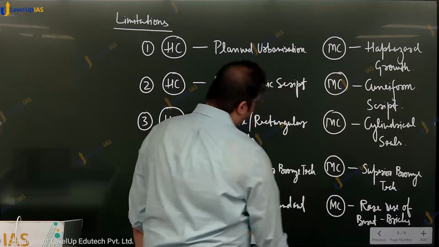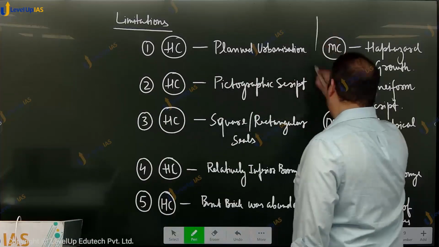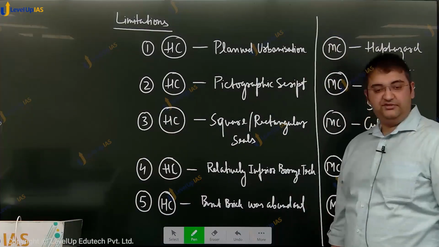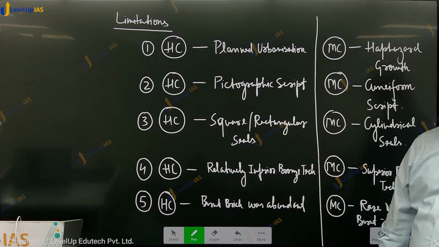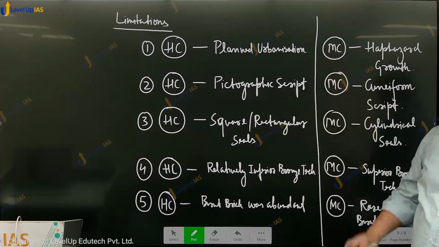So while burnt brick was abundant in the case of the Harappan civilization, its use was quite rare in the case of the Mesopotamian civilization. ठीक है? तो एक तो ये वीकनेस है.